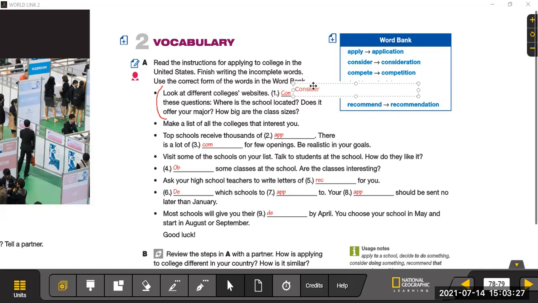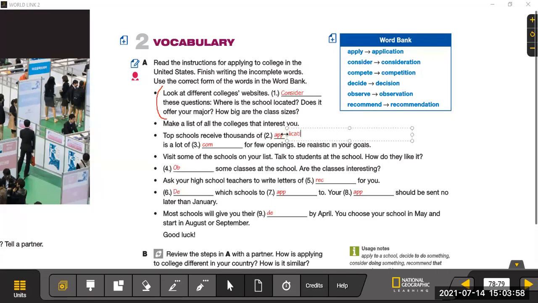Okay. So number two will be for Erika. Make a list of all the colleges that interest you. Top schools receive thousands of applications.